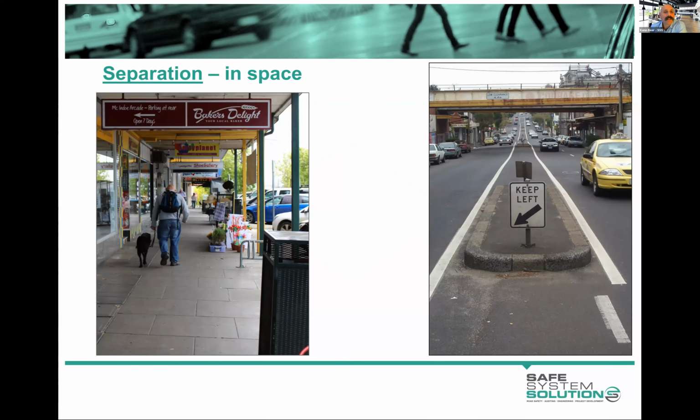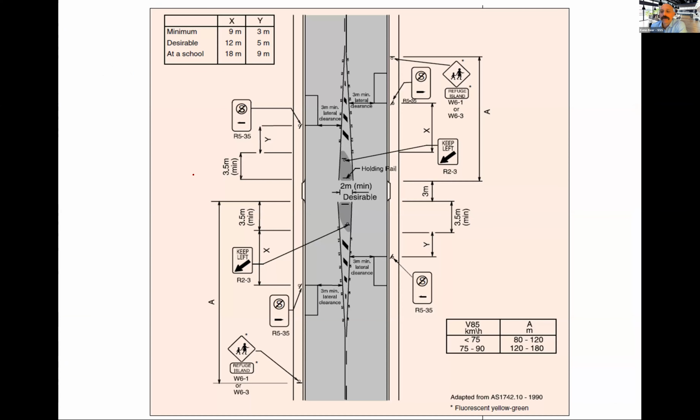Separation in space is really your refuge areas, your footpaths, those sorts of things, which have that area separated. Now, there's a little rule of thumb I like to use as an auditor, because remember, auditing is not all about conforming with standards and checking conformance with standards.